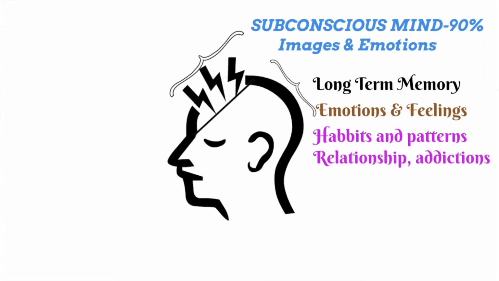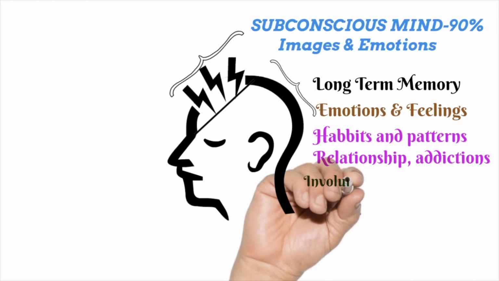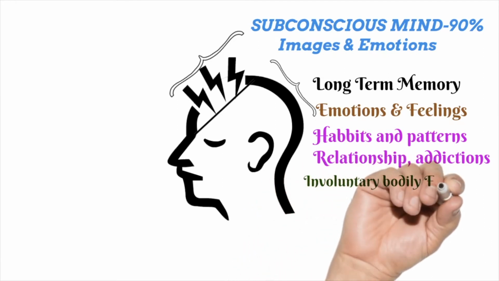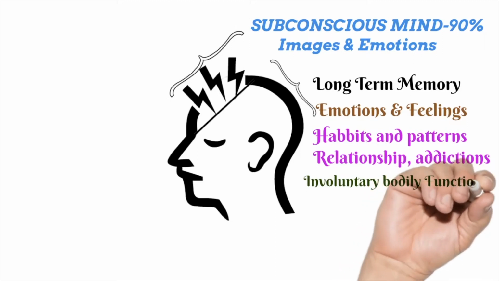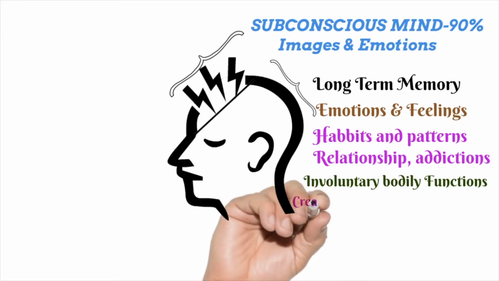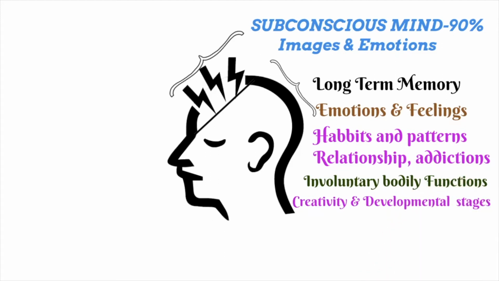Whichever you do, they tend to get recorded in the subconscious mind. A lot of involuntary functions of our body, like suddenly if something comes to your eyes, they get closed. Your heart is beating, pumping blood. That is an involuntary function. So organ functions which are involuntary are controlled by subconscious mind.